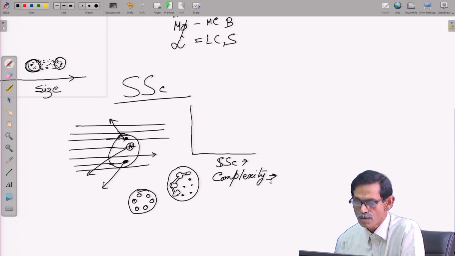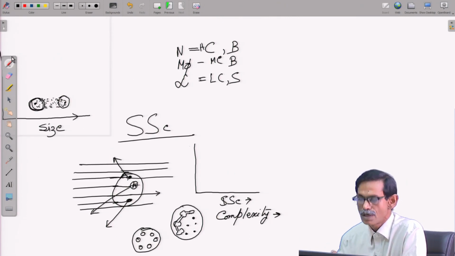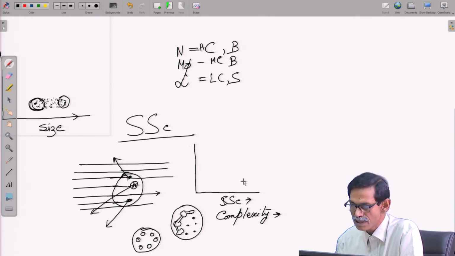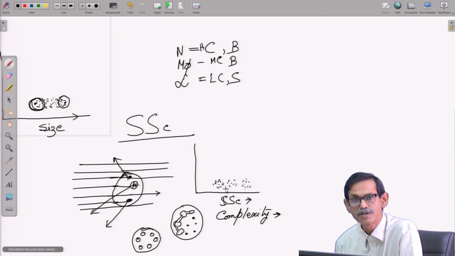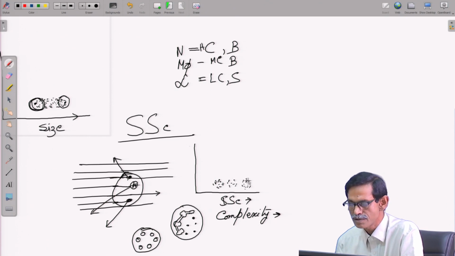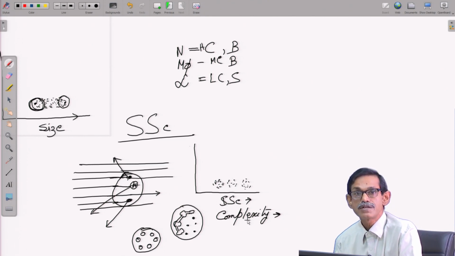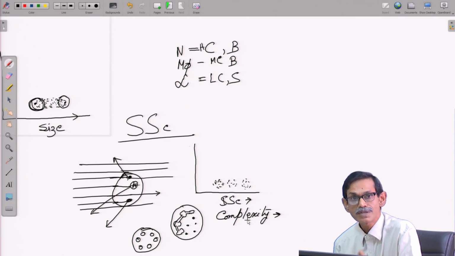The more complex cell is the neutrophil, so neutrophil will come here, macrophage will come here and lymphocyte will come here. So, you will get three distinct populations. Each dot means each cell, normally we call it an event. So, three different complexities: high complex will be here, medium will be here, low will be here, because it is distributed according to the internal granularity or the complexity.